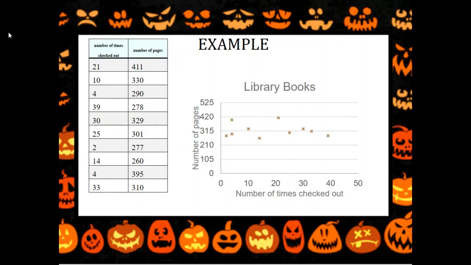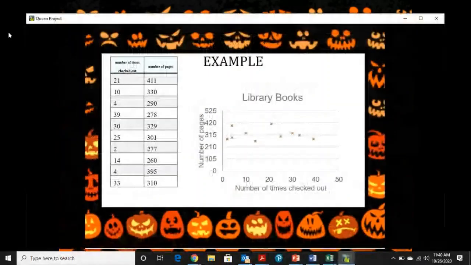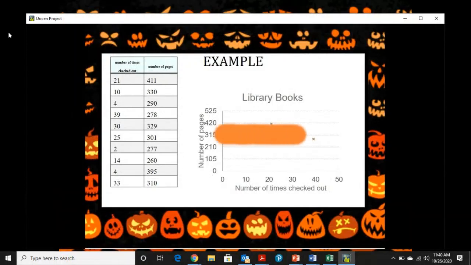If I were going to try to match this up, where did I put my big marker? There it is. See, that almost looks like a straight line. So that means regardless of the number of times it was checked out, all the books have like the same number of pages. Okay, so it kind of looks like there's a relationship, just not a good one, not positive or negative.